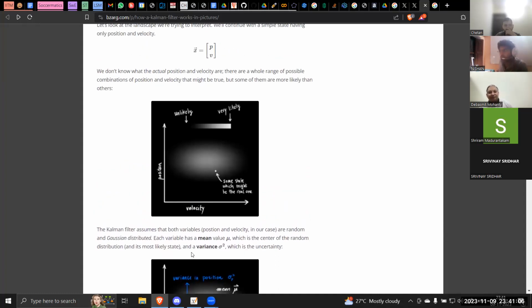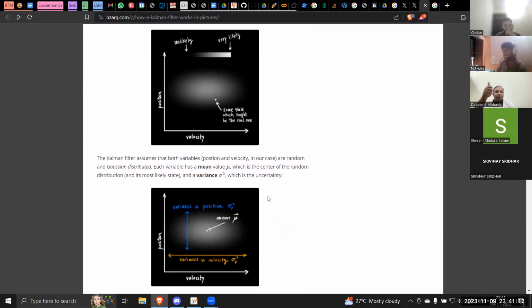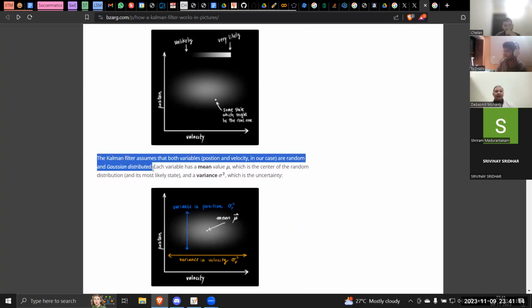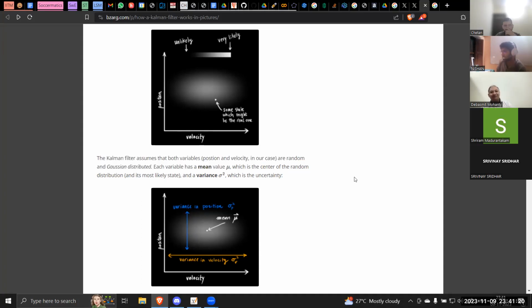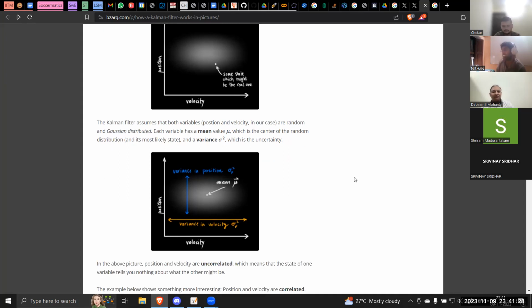The Kalman filter assumes that both variables, position and velocity in our case, are random and Gaussian distributed. An assumption. Each variable has a mean value mu, which is the center of the distribution and its most likely state, and a variance sigma square, which is the uncertainty.